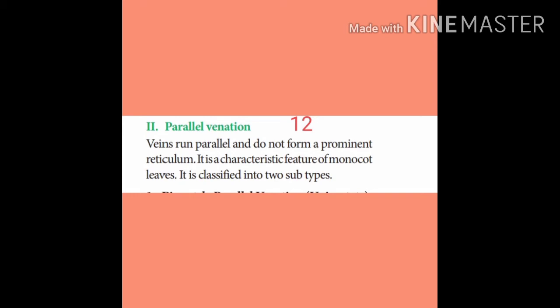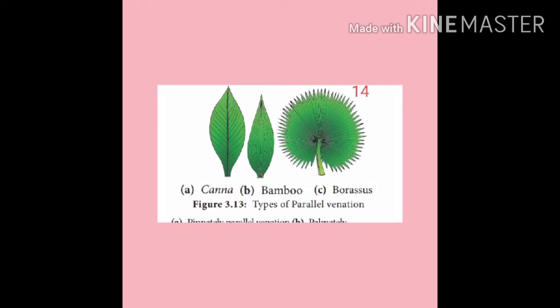Then palmately parallel venation also has two types, divergent and convergent, where we have more than one primary midrib from which the other lines arise parallel with one another. If the veins diverge from the leaf base, it is called divergent type. If they grow towards the apex, towards the tip, it is called the convergent type of parallel venation.